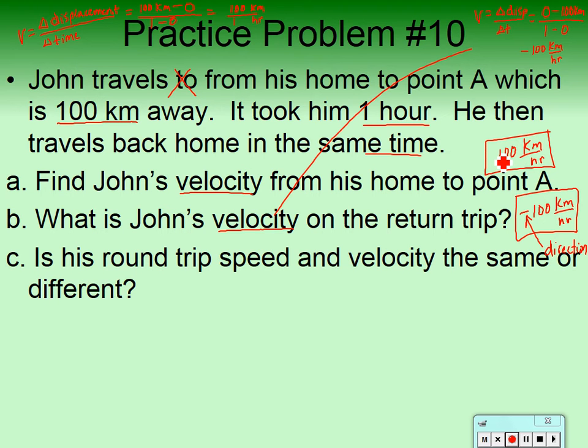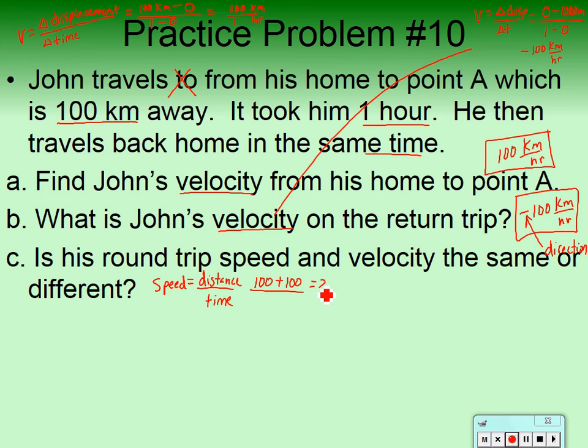Okay, part C. Is his round trip speed and velocity the same or different? This is a good question. Speed, if we look at the formula, is distance divided by time. Total distance divided by time. Now if we take his total distance, wouldn't that be 100 there and 100 kilometers back?